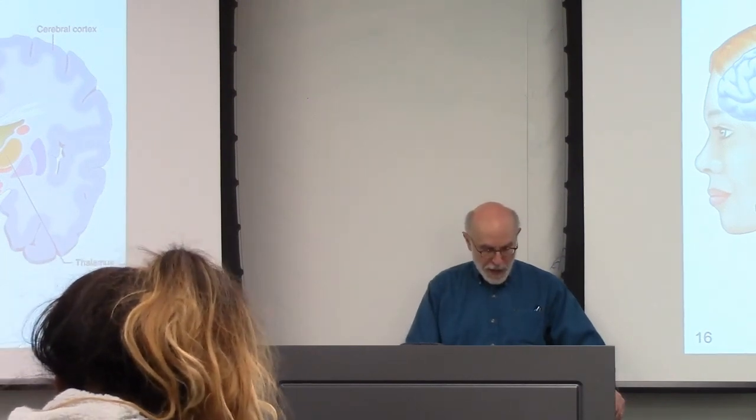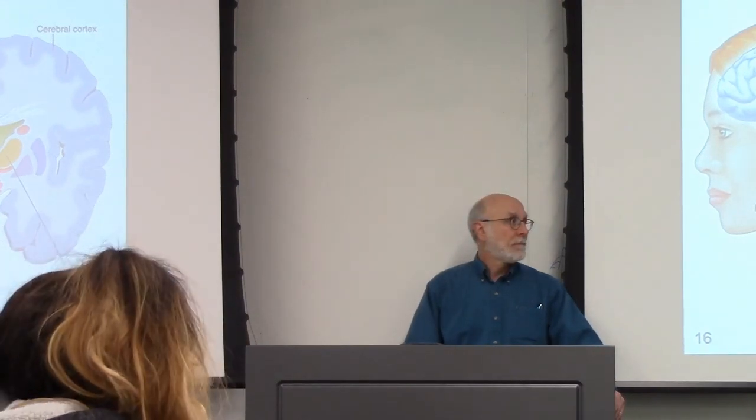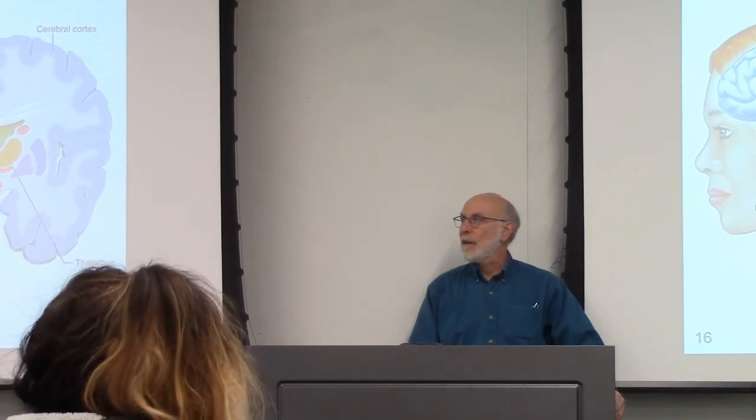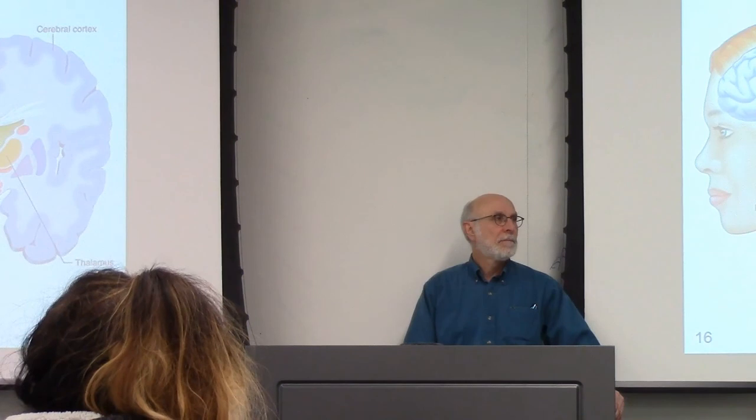The pressure pathway crosses over in the medulla. If you put brain stem, I think I took off a half a point, because it's the medulla.